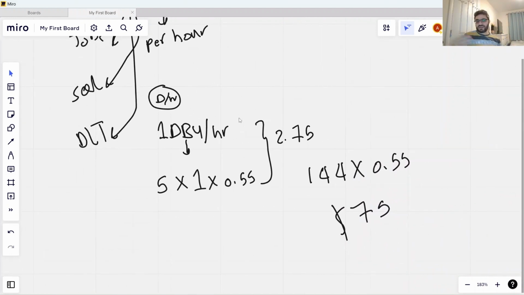But bear in mind, a bigger cluster means shorter time to process. Databricks charges you per second, so it's not like you have to pay 75 for a whole hour. If you started this 144 DBU cluster and ran it for only 1 minute, you should pay 75 divided by 60, the number of minutes in an hour.